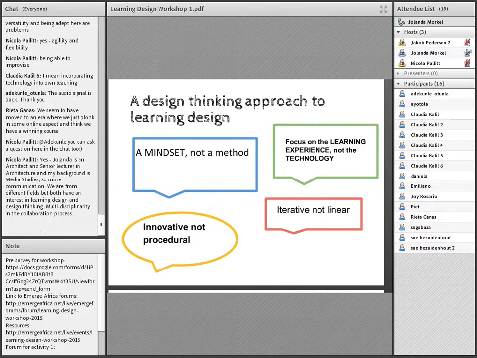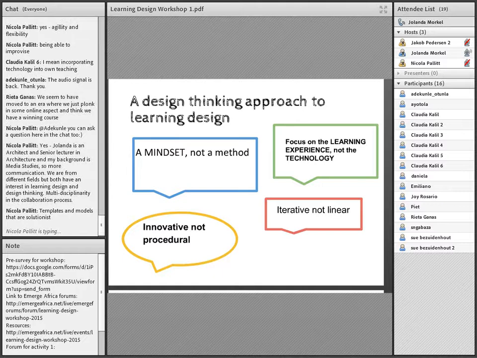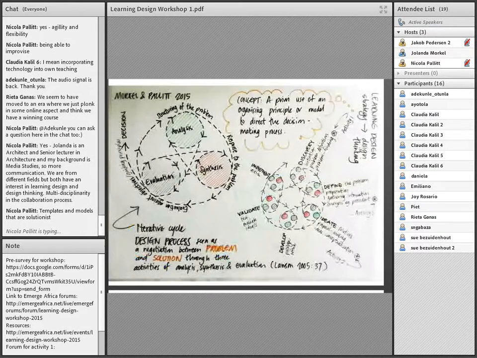We are suggesting that the process should be iterative and not linear, that we focus on the learning experience and not get stuck on the technology. And then ultimately, what learning design should be is a mindset and not a method.